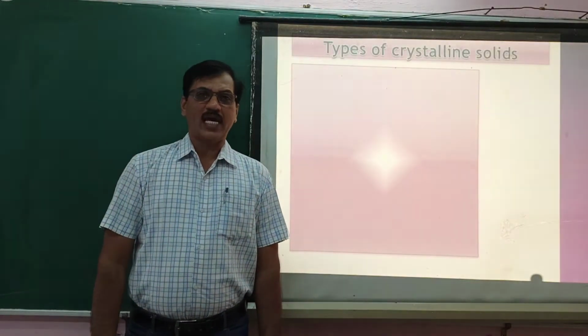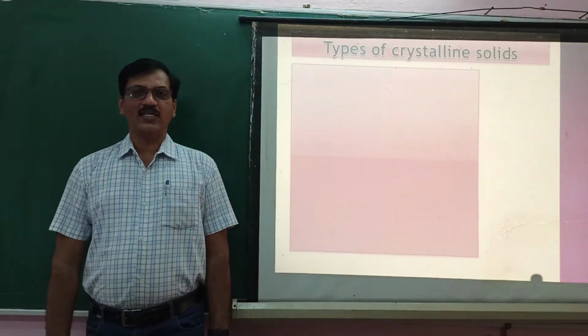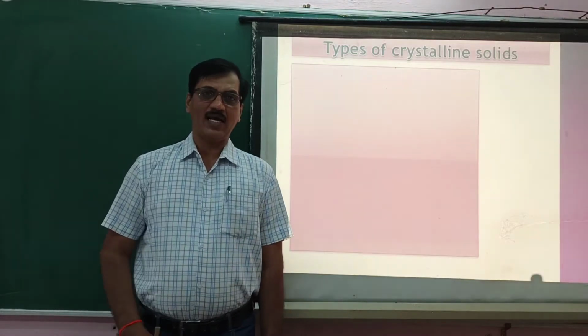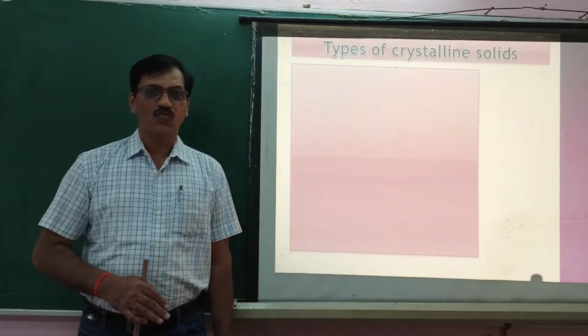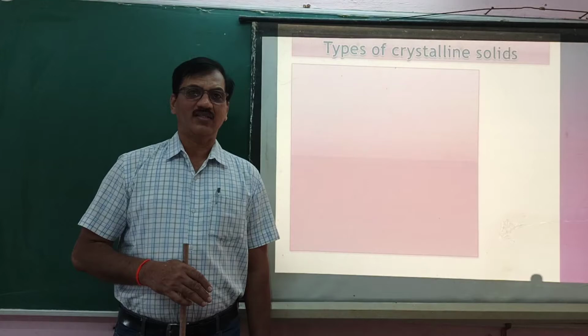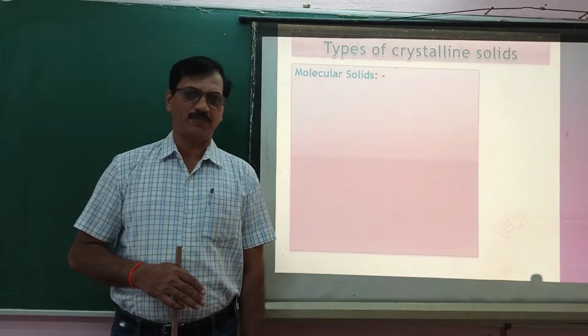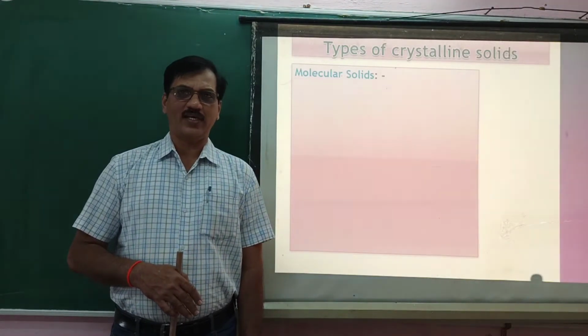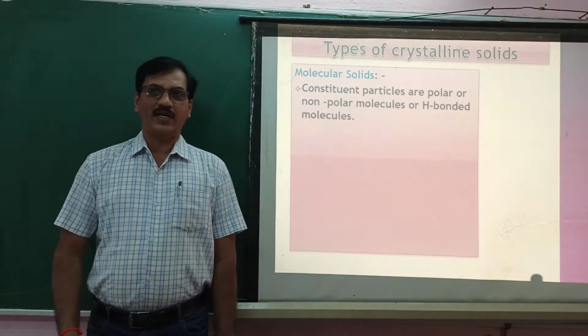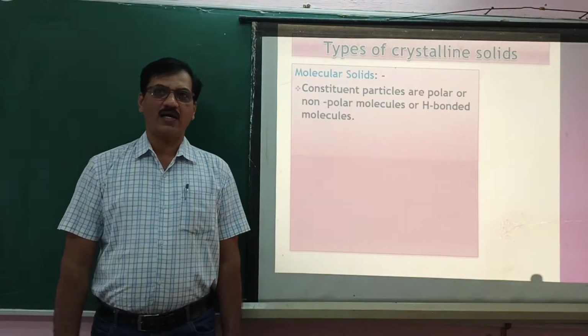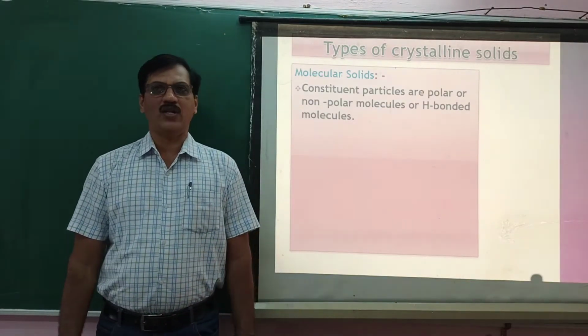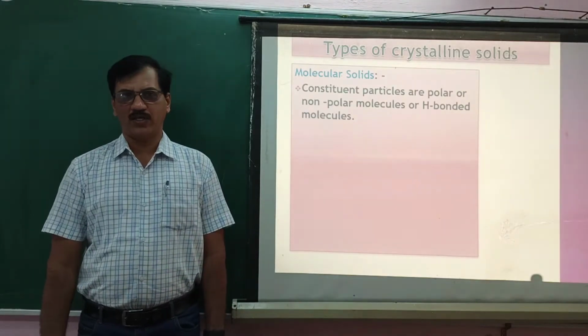Now, coming to the types of crystalline solids. Crystalline solids can be classified into 4 types depending upon the interparticle force of attraction. One is molecular solid. In a molecular solid, constituent particles are polar or non-polar molecules or hydrogen bonded molecules.